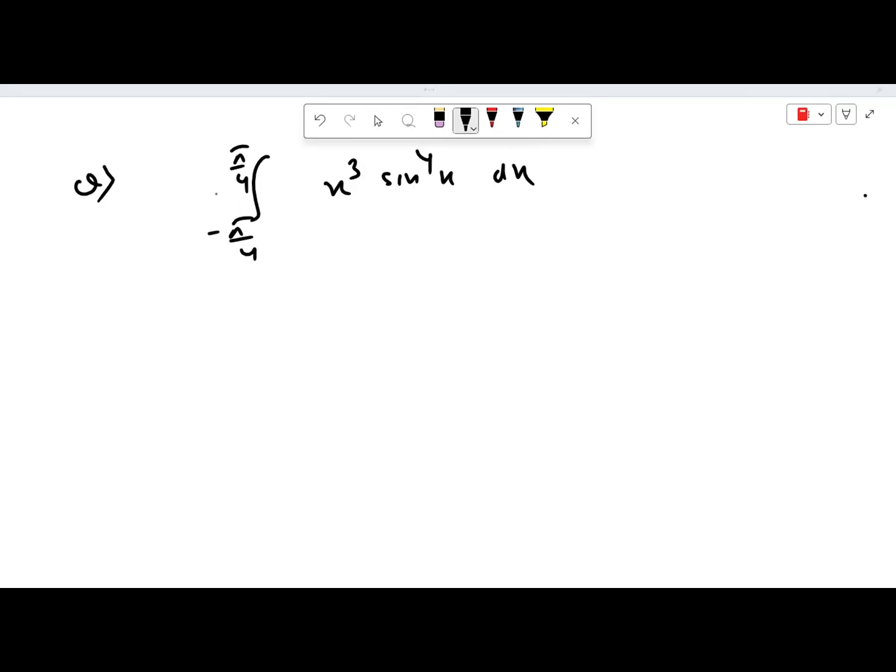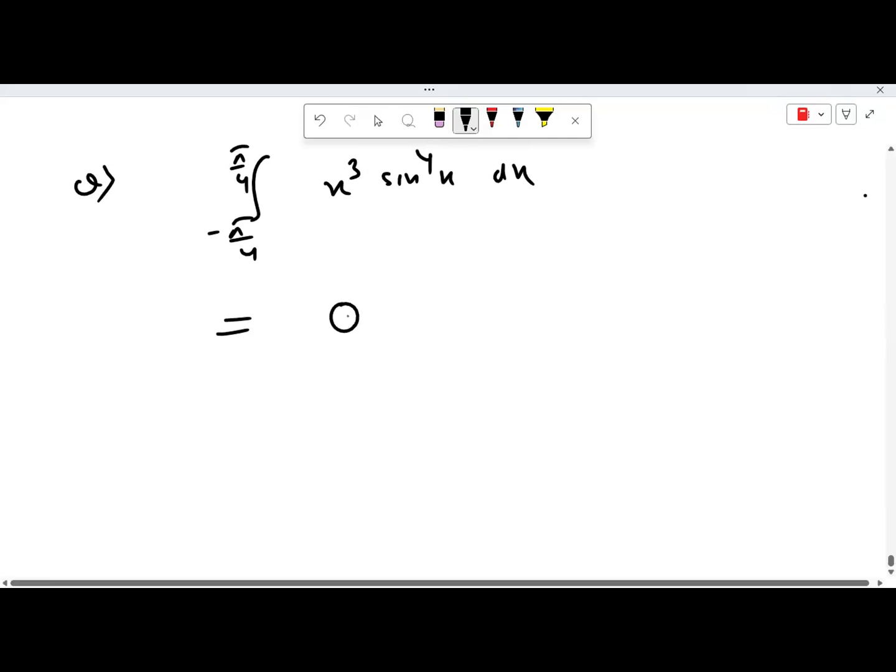Odd. So whenever you have an odd function like this, the answer is how much? Zero. So the answer is zero.